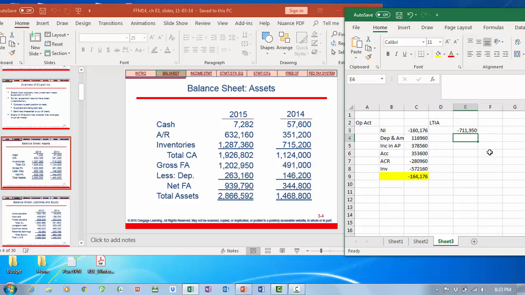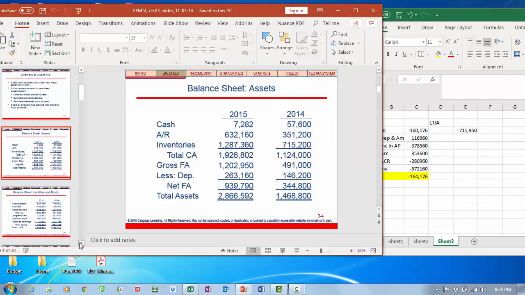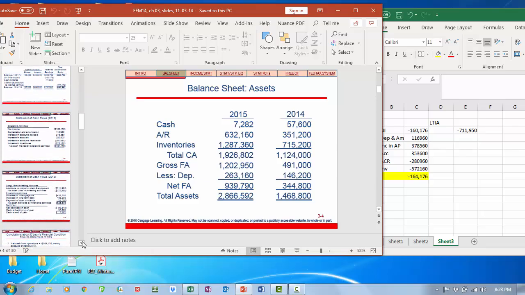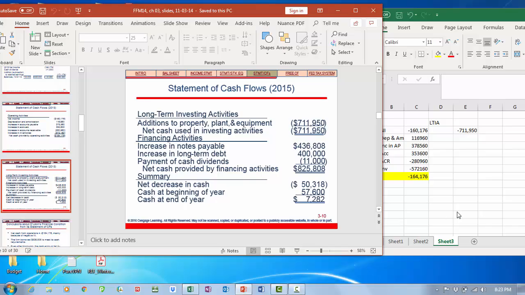There you go. That's your gross fixed asset number. So this is going to be negative 711,950. So this is the logic that you have to apply when calculating your statement of cash flows.